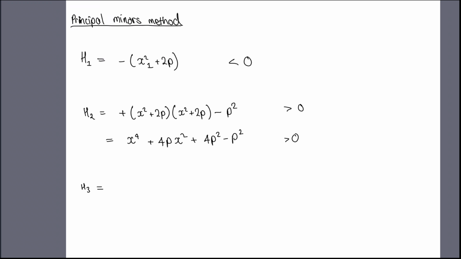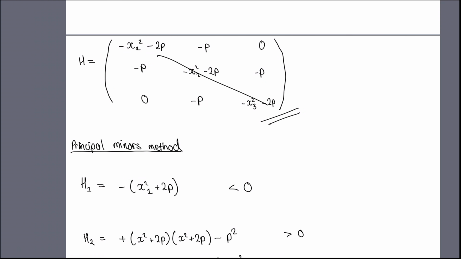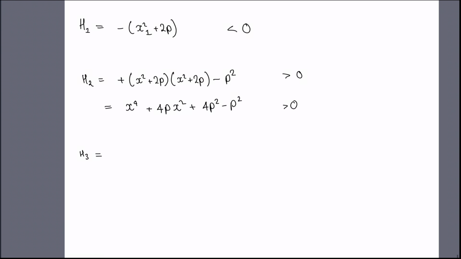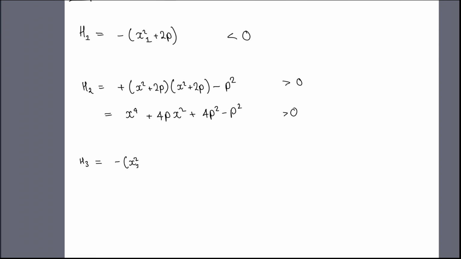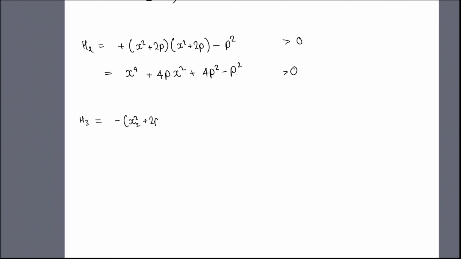If we finally work out H3, we get this diagonal multiplied together, which will be minus x squared 1 plus 2 rho, x squared 2 plus 2 rho, and that now becomes positive, and then times x squared 3 plus 2 rho.